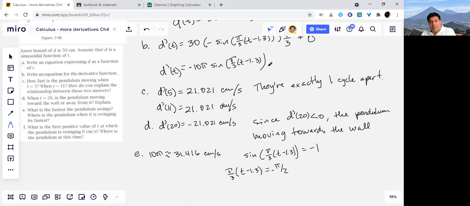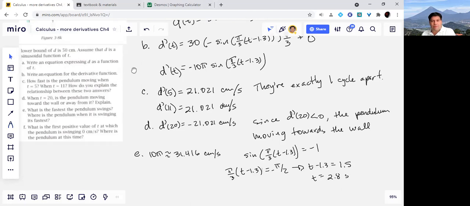Okay, I can divide by pi on both sides, it cancels. I'm going to multiply times 3 on the other side. So this is t minus 1.3 equals 3 divided by 2, which is 1.5. And therefore t is 2.8 seconds. At time 2.8 seconds, now I'm going to go back and substitute 2.8 seconds in the formula for position, which we can't see on screen right now.